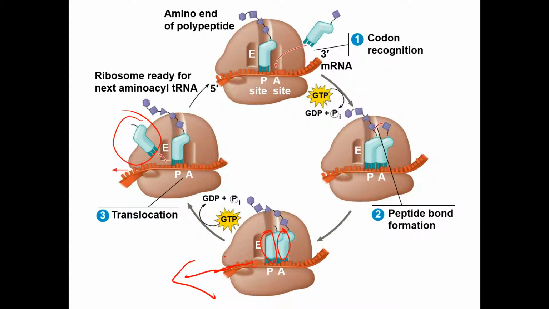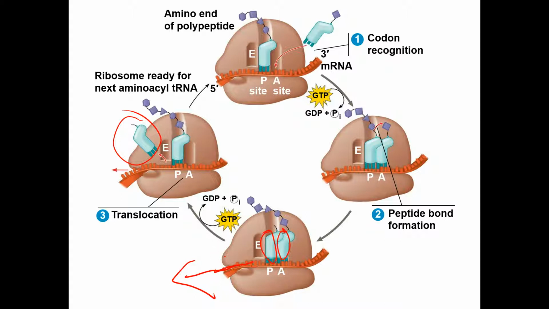Alright, so you have codon recognition, peptide bond formation, translocation. These steps will repeat until you have a codon sequence in the A site that doesn't encode for any amino acid.